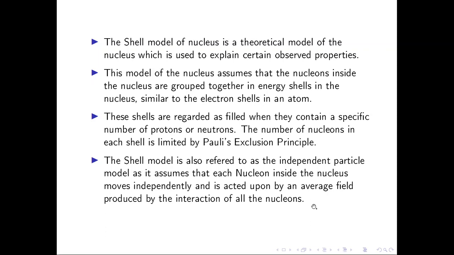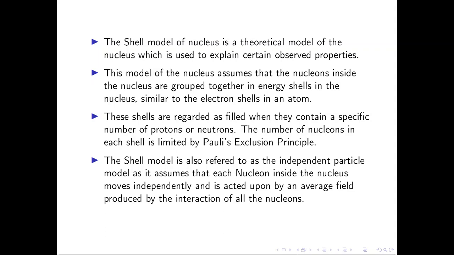The electrons in their orbits move under the influence of the electrostatic potential. They are bound to the nucleus by the electrostatic force. And we treat the electrons independently. They move independently in their orbit. Similarly, it was proposed in the shell model that the nucleons also move independently of one another.